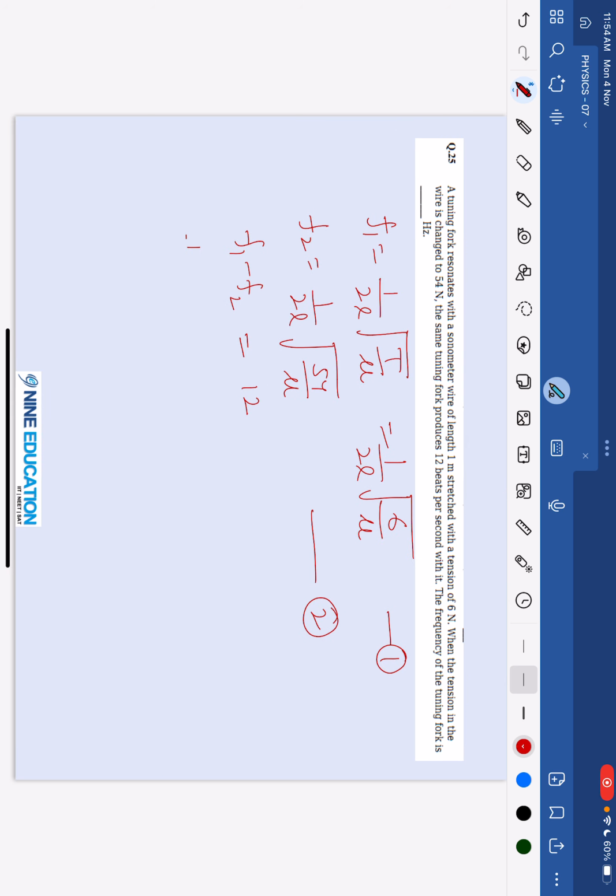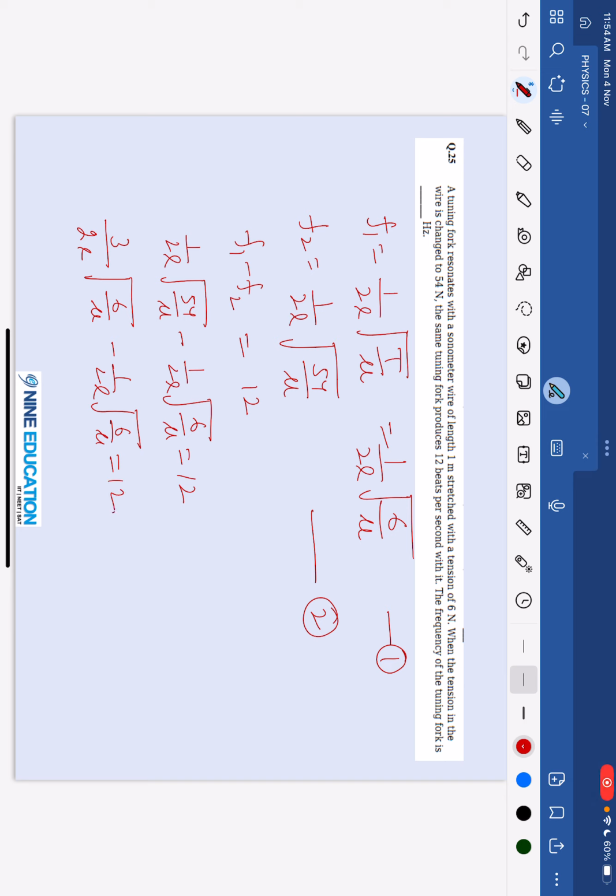So now I have 1 by 2 root 54 by mu minus 1 by 2 root 6 by mu equals 12. Can I write 54 as 9 into 6? Correct? 9 is going to come out as 3, so it would be 3 by 2 root 6 by mu minus 1 by 2 root 6 by mu equals 12.